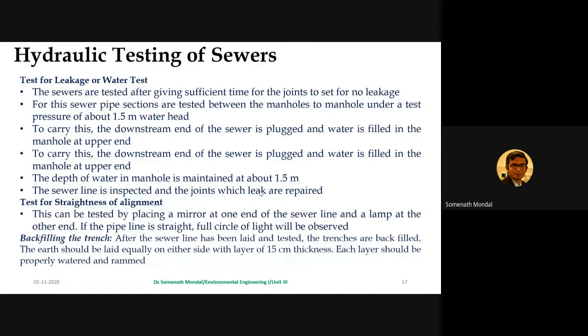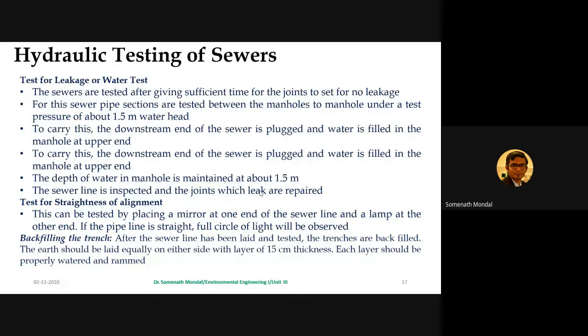Now next comes the test for straightness of alignment and obstruction. Basically, if you don't have straightness, then there will be a higher chance of leakage. The straightness of the sewer pipe can be tested by placing a mirror at one end of the sewer line and a lamp at the other end.